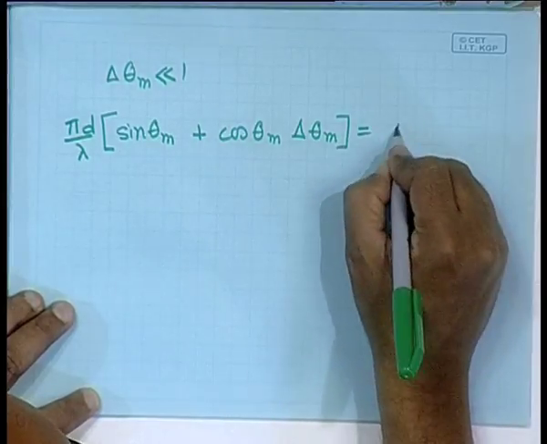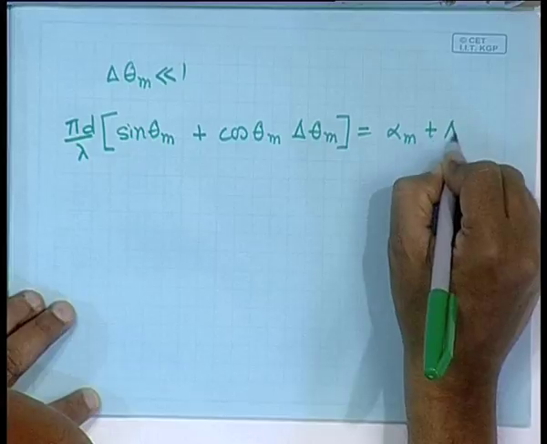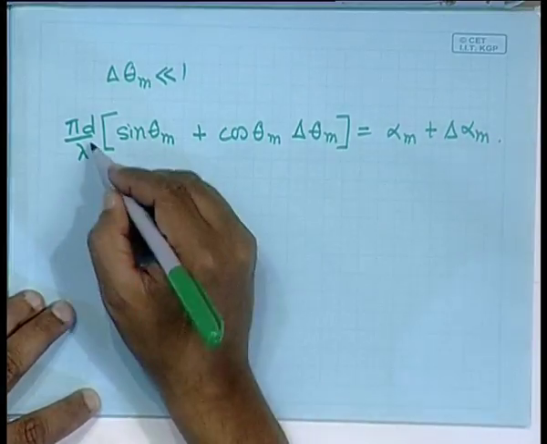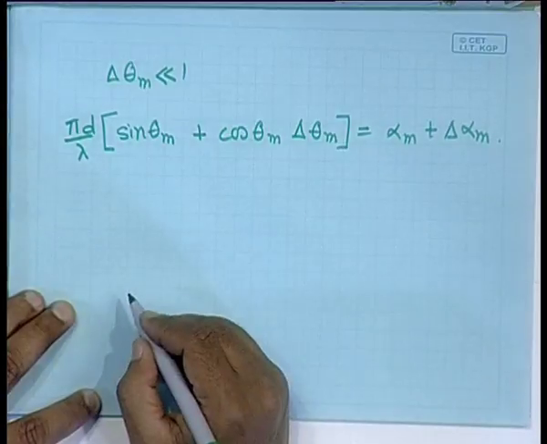This is equal to alpha m plus delta alpha m, and alpha m is exactly equal to this first term over here. So, this can be dropped.